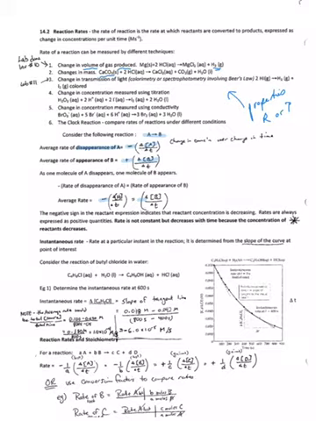Now, if we look at the idea of average rate, we've talked about average rate here, or instantaneous rate. Your average rate of a reaction is looking at the change in concentration over a period of time.